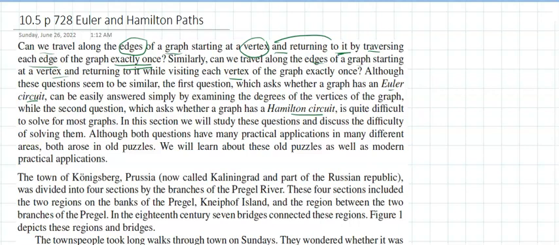So, if we're talking about an Euler path, basically, all you have to do is traverse, pass through each edge exactly once.